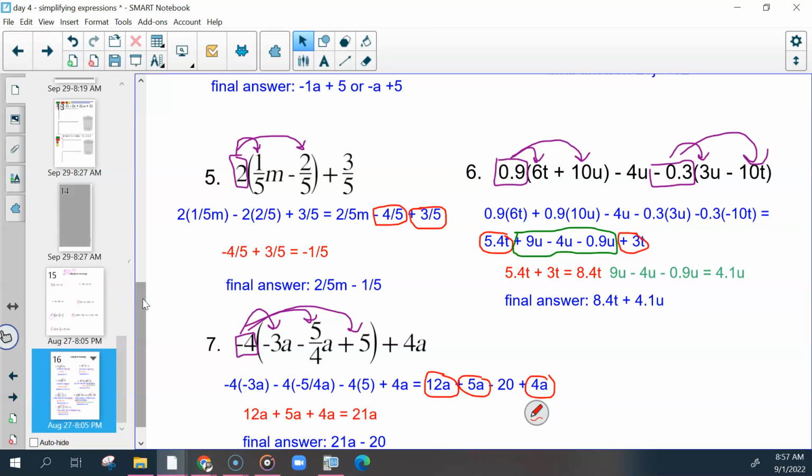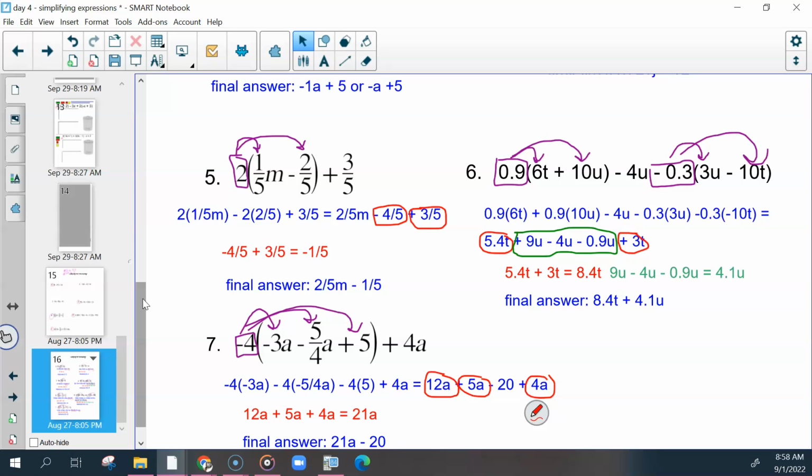For 6, same thing, you had to distribute twice though. 0.9 to everything here, negative 0.3 to everything here. Be careful with your decimals. Multiplying, you would have got 5.4t plus 9u. Bring down your minus 4u.